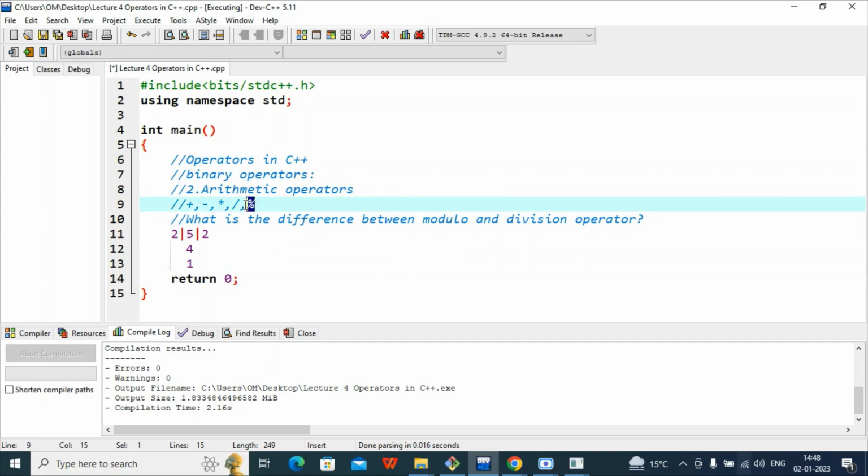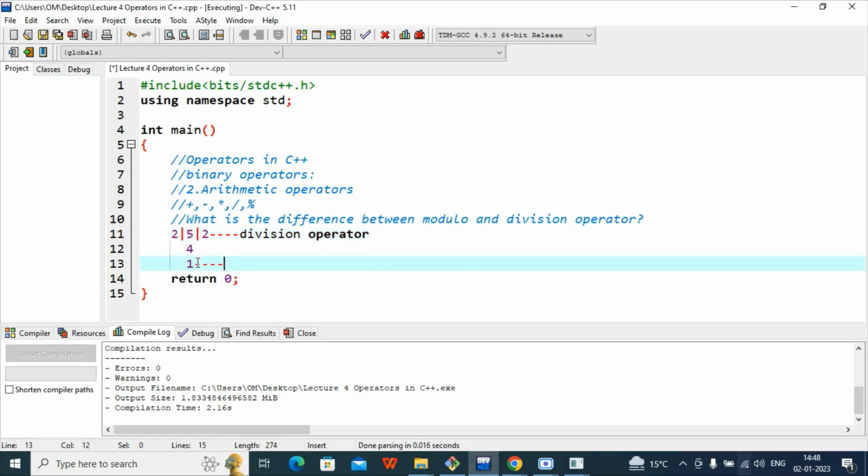Modulo always gives you the remainder, and division gives you the quotient, right? This division operator gives you the quotient. This 2 is your quotient. This is given by your division operator, and this is given by your modulo operator, right?